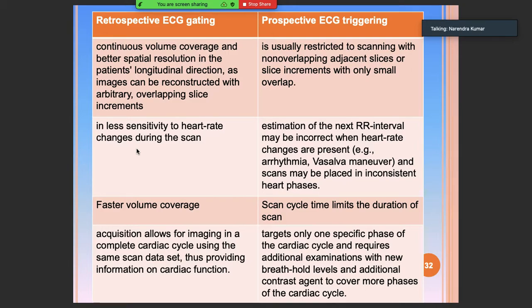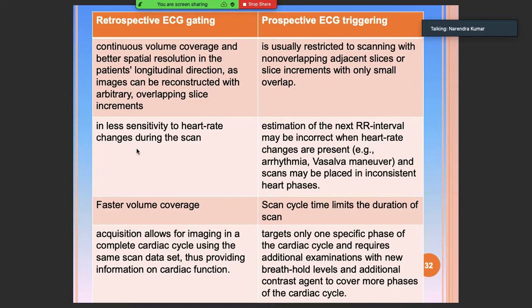However, retrospective ECG gating is less sensitive to heart rate change, whereas the prospective one is more sensitive. More sensitive means, for example, if there is an arrhythmia or Valsalva maneuver, it becomes a big problem.